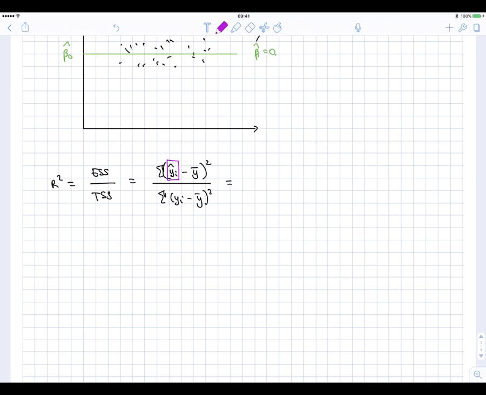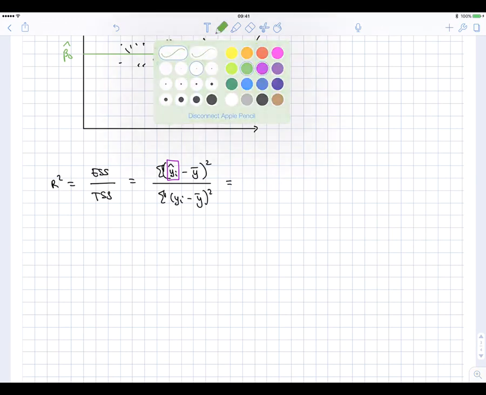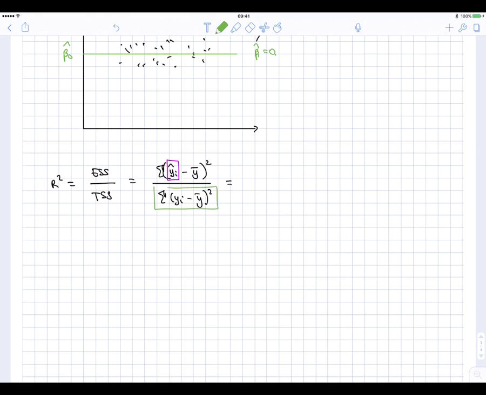Okay? This bottom bit is always a function of data. This is only dependent on data. Now, of course, this top part is also calculated from data, but we need to calculate the beta 0 hat and the beta 1 hat in order to be able to do that. Okay?